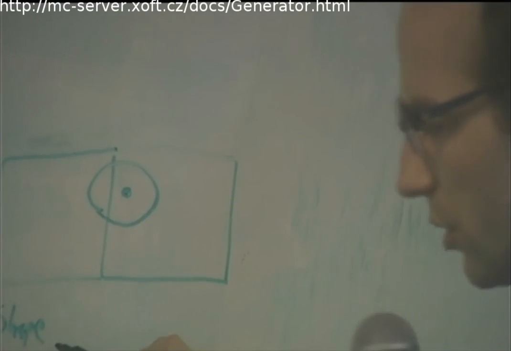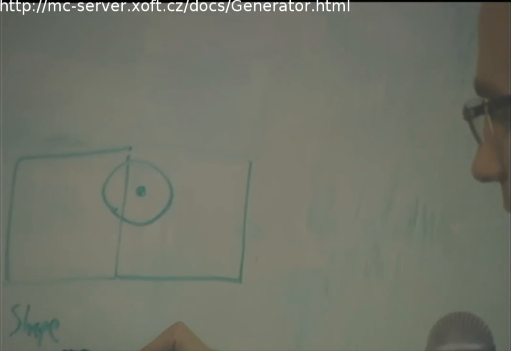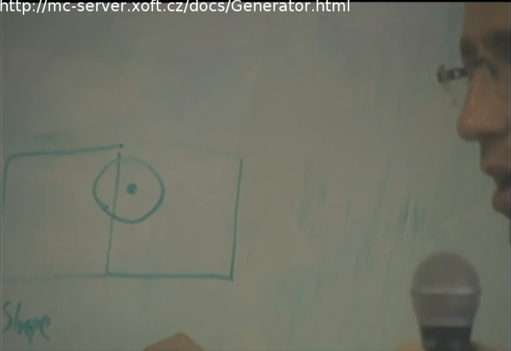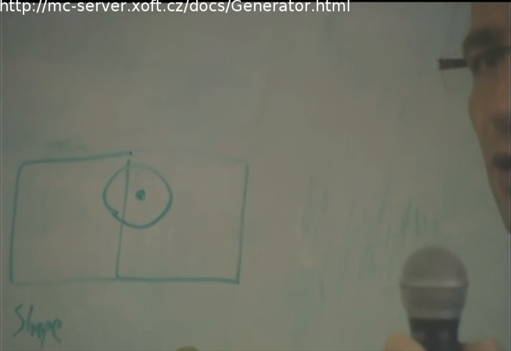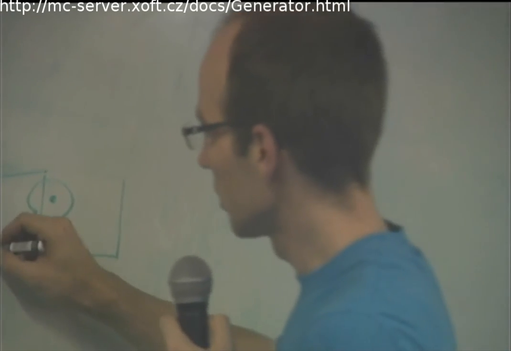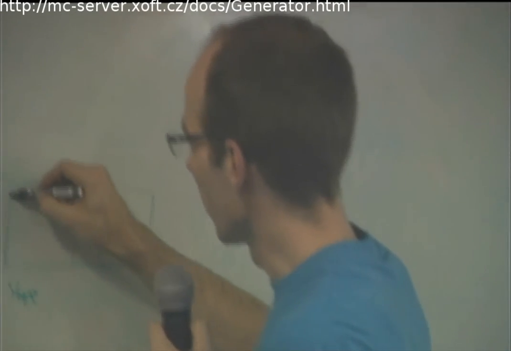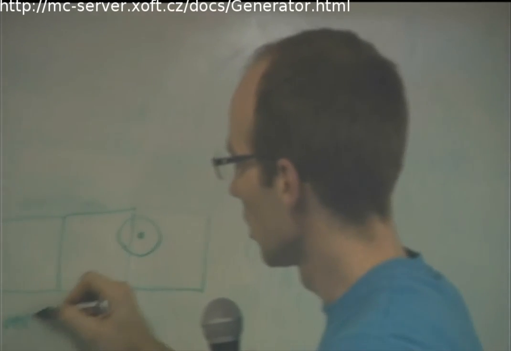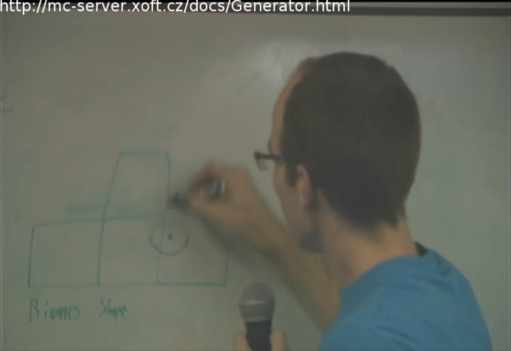In order to get this shape, we need to average. We are using the biome-based shape generator, so we need to average more chunks biome-wise. So we need biomes for all the neighbors.